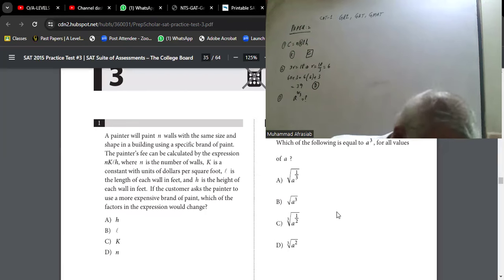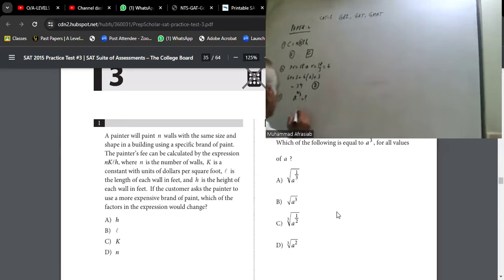The first expression, part A, is the square root of a power 1 over 3. So that will be equal to a power 1 by 3, power 1 by 2, that is equal to a power 1 by 6. It is not the answer.